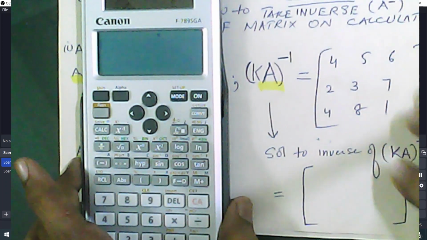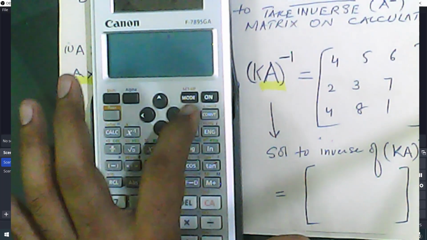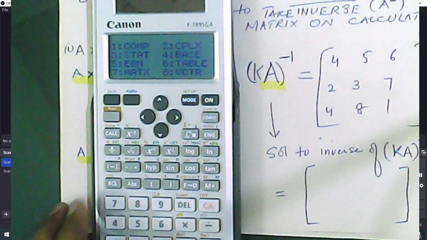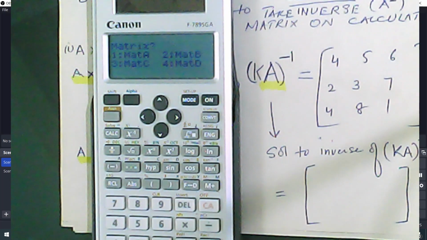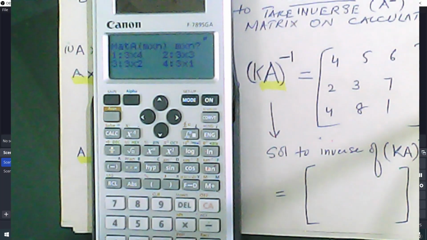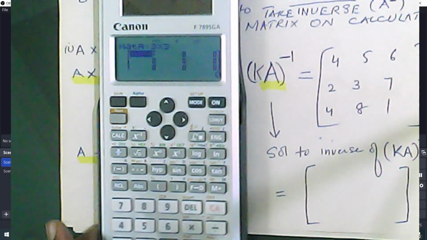Okay, so let's start the process. I again go to the mode and select number 7, which is matrices, and then I select 1, and if you look, we have to go down. We select number 2, which is a 3 by 3 matrix, and now we enter the data.